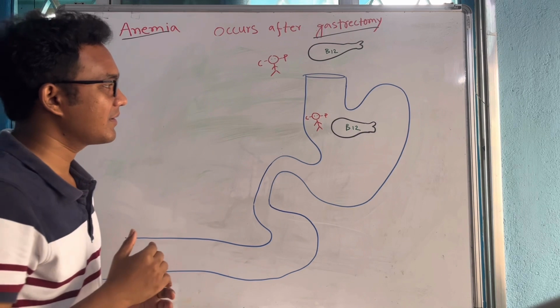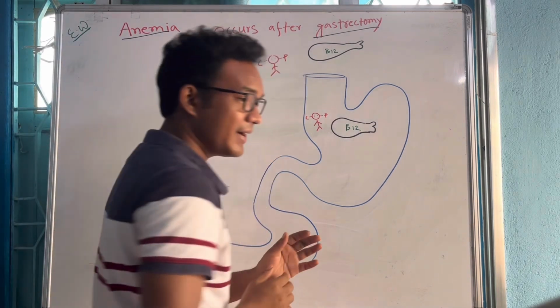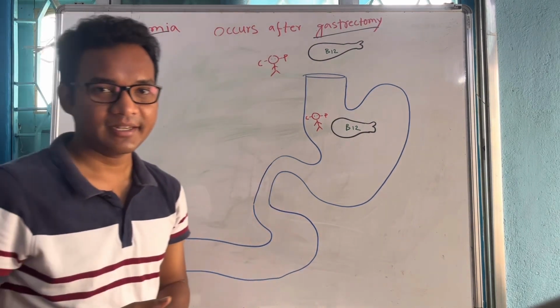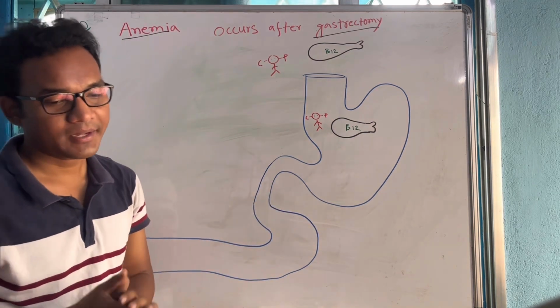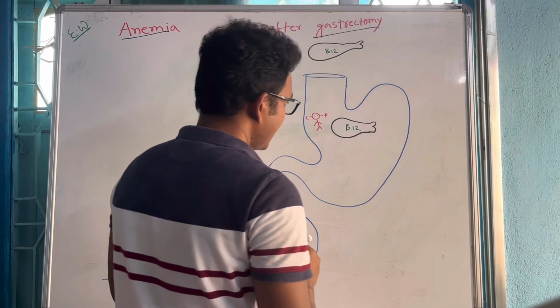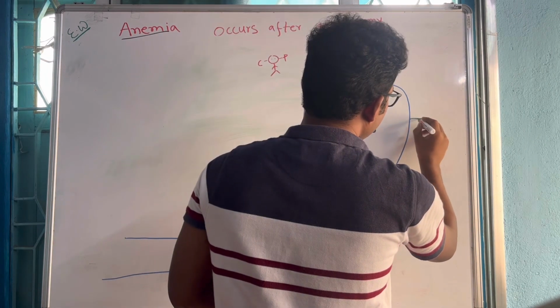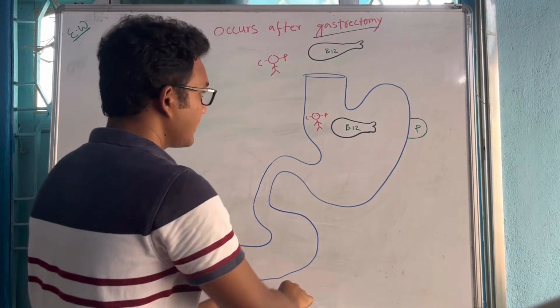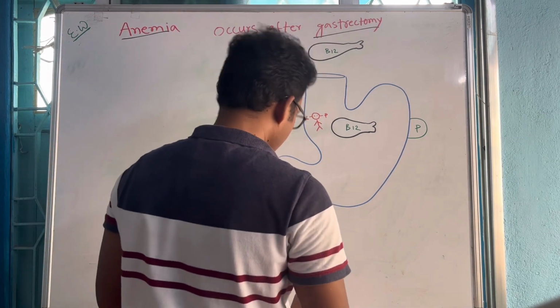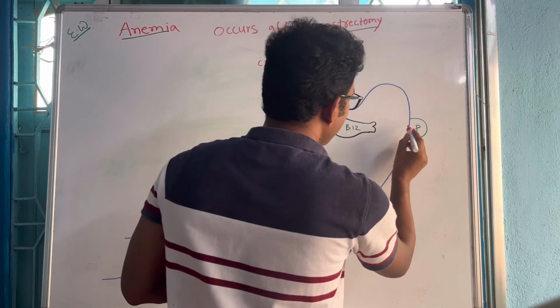In the stomach, you know that there is a parietal cell, and the parietal cell secretes HCl.